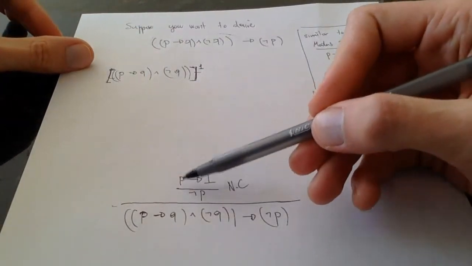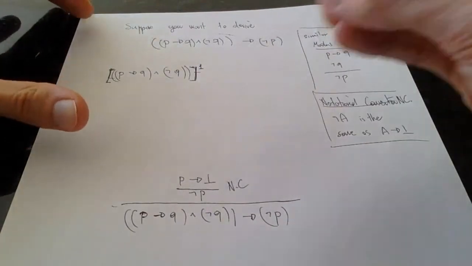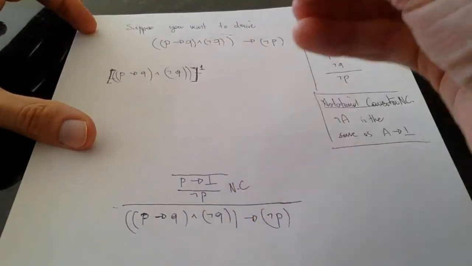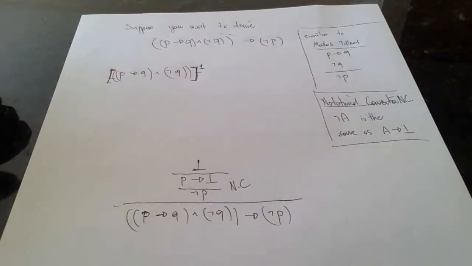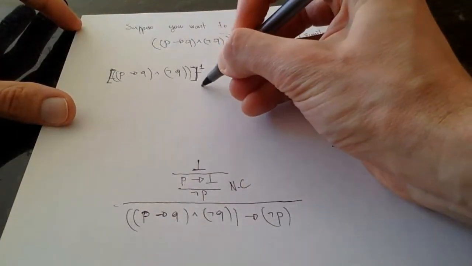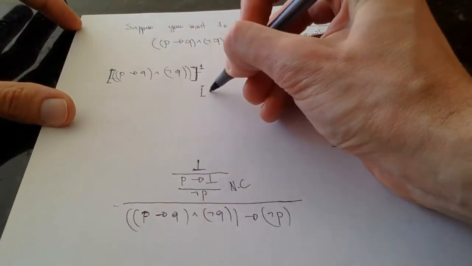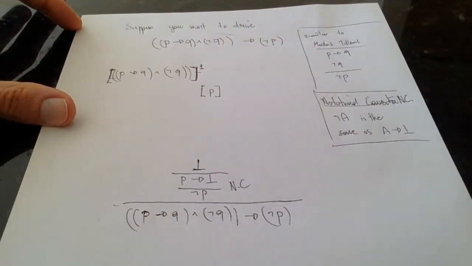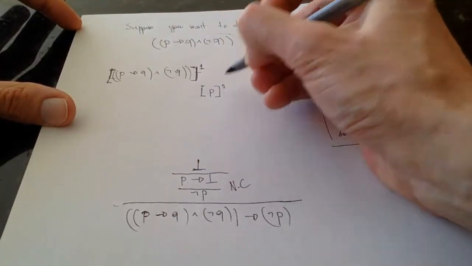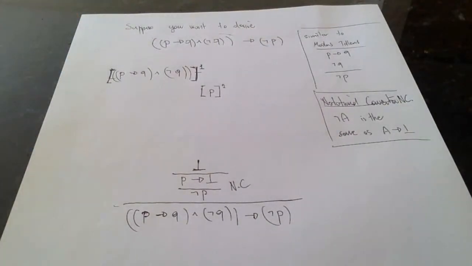So in this case, the antecedent is P. So I can write above here the symbol for the contradiction, and then write somewhere here my assumption P, which is the antecedent here of the implication, and I'm going to call it number 2.